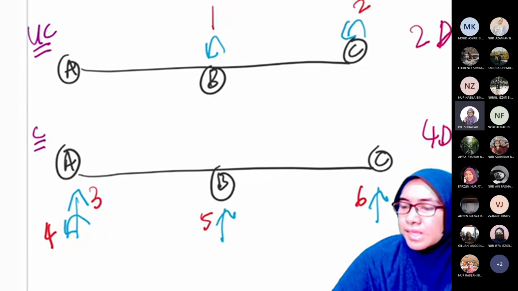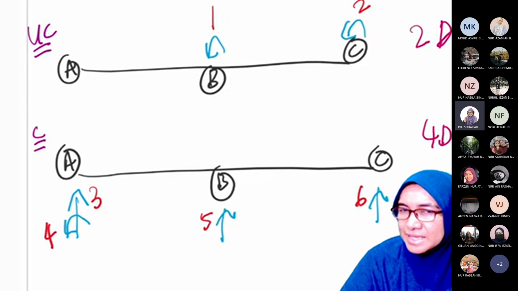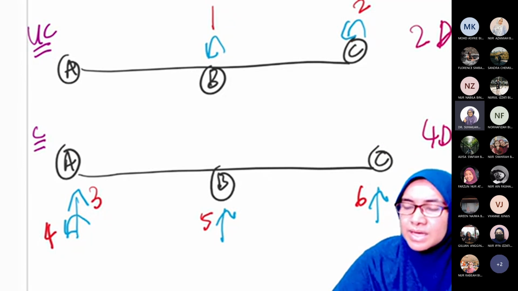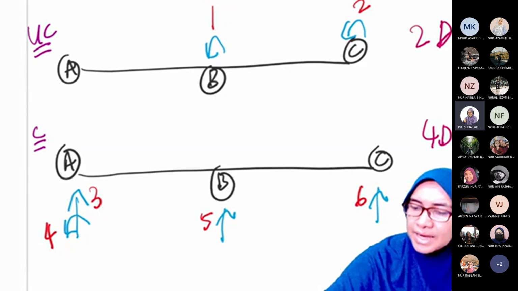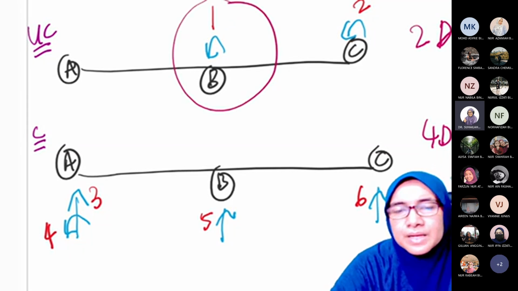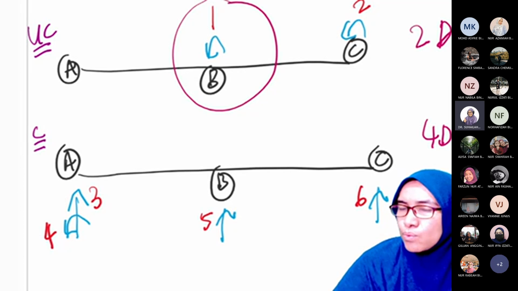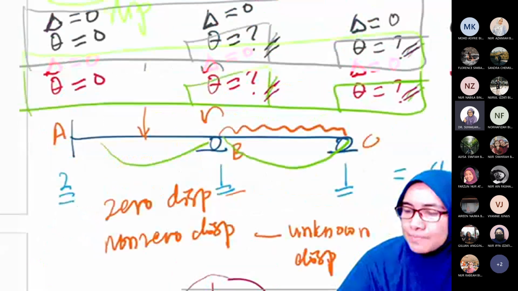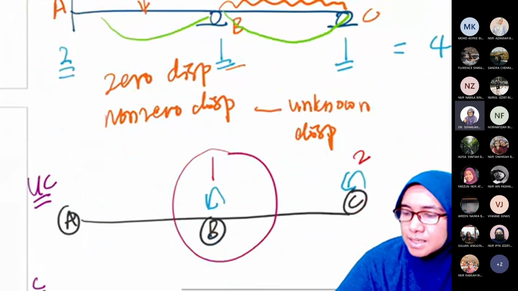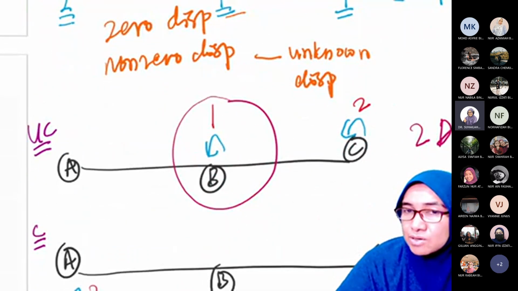Now try to compare this with the one above. D1, what is the meaning of D1? Looking at this position at B, D1 is a non-zero displacement.